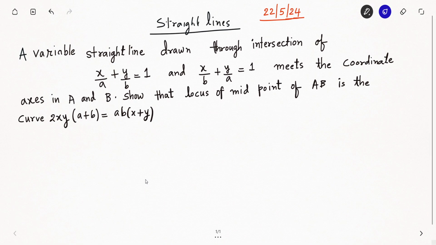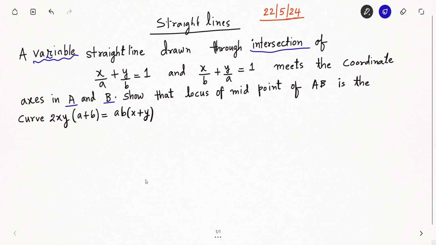The question states that a variable straight line runs through the intersection of these two lines and meets the coordinate axes in A and B, so that the locus of the midpoint of AB is the curve.